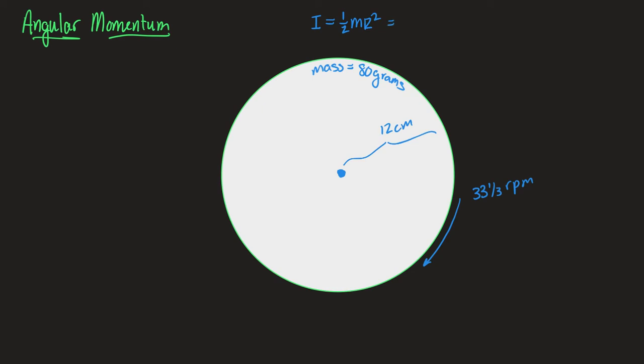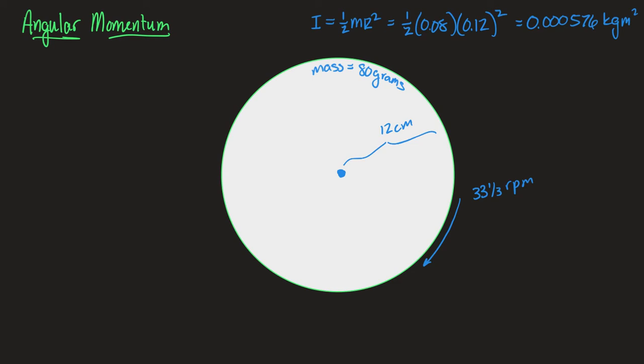And in this circumstance, that'll be 1/2 m, which will be 0.08, times r, which is 0.12 quantity squared. There we've calculated the moment of inertia. And we get this ridiculously small number, 0.000576, and that's kilograms meters squared. All right, set that aside for a minute.